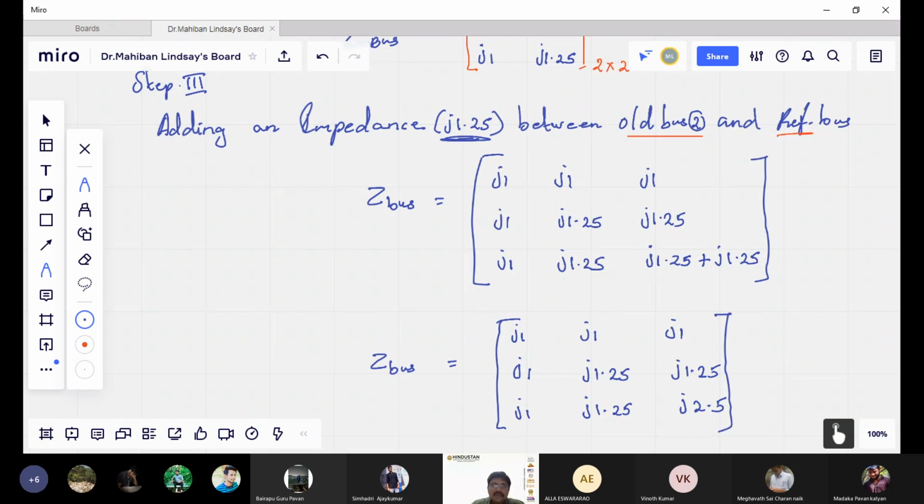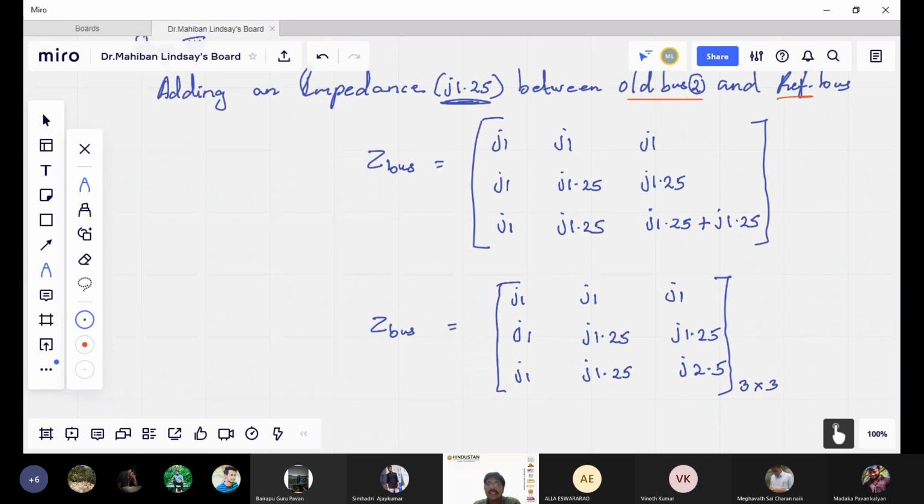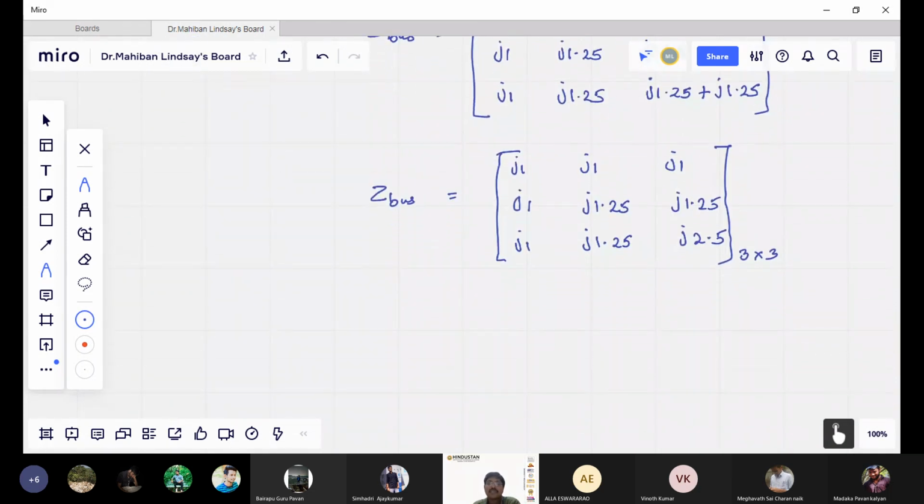So this step is not over. Why? Because listen, now we got a 3 cross 3 matrix, right? But as per our modification, there are no new buses added. The old bus is there, and the other one added is the reference bus. Therefore, we have to convert it into a 2 cross 2 matrix by eliminating the third one, right? So how can we eliminate?